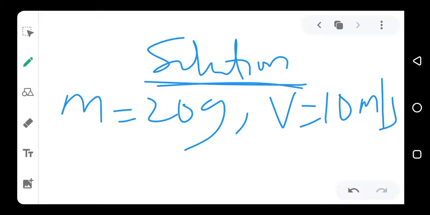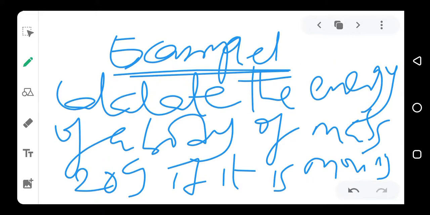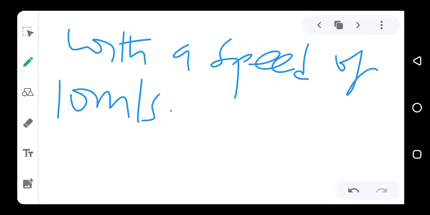Now for our formula for energy: this body is moving. That means that it possesses kinetic energy, because it is moving.